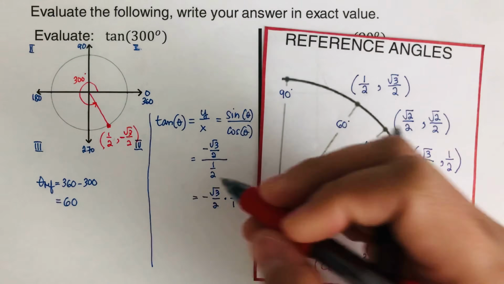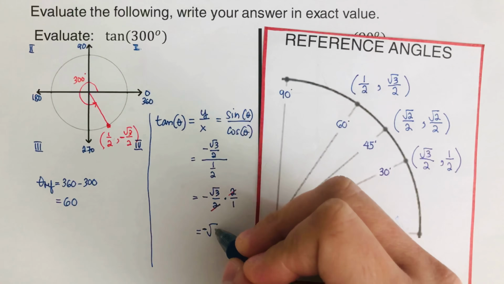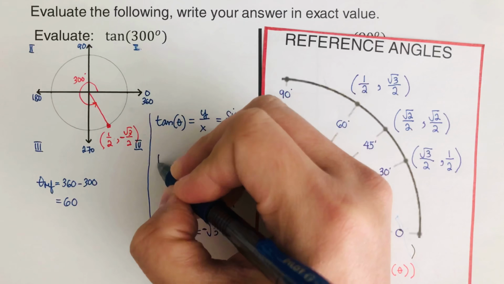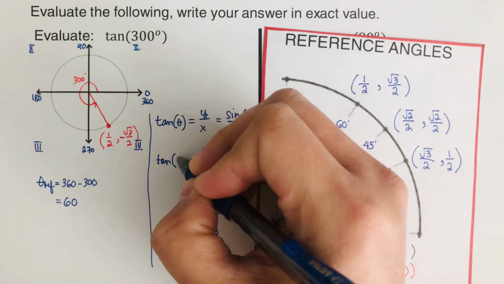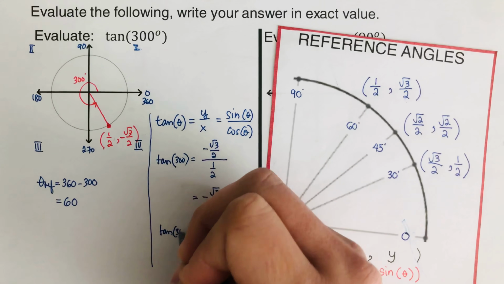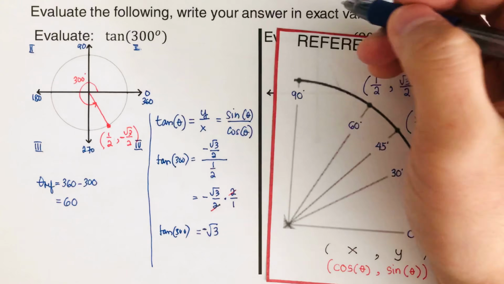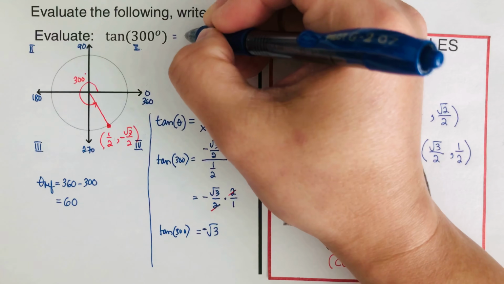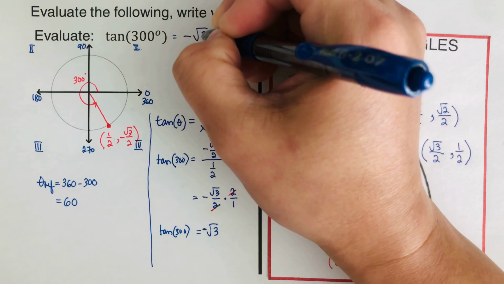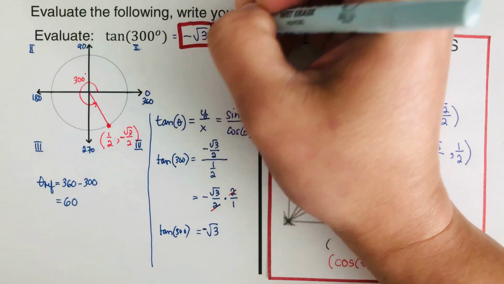So we can go ahead and cross out the 2 and the 2 here. So we are left with negative square root of 3. So this is our tangent 300 right here. Tangent 300 is equal to negative square root of 3. So I'm just going to put that inside the box right here.